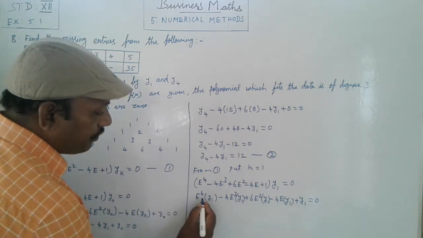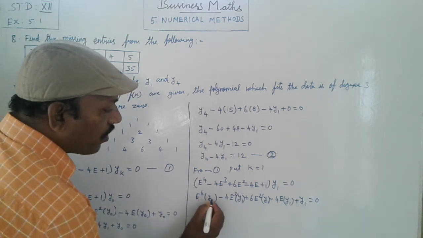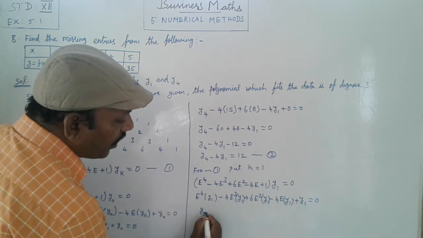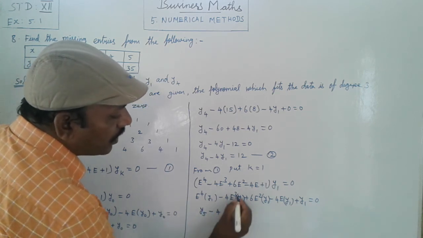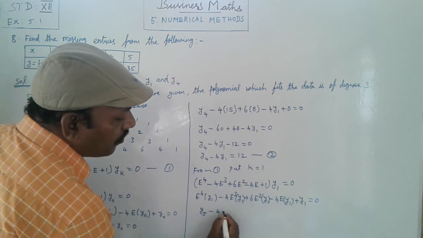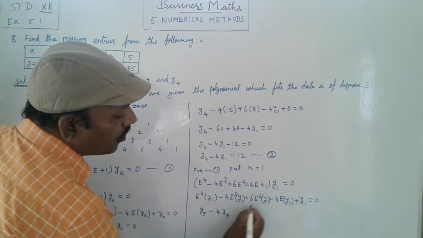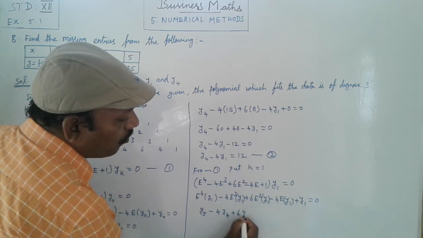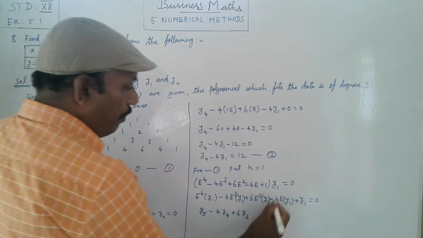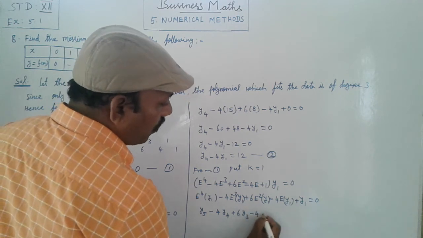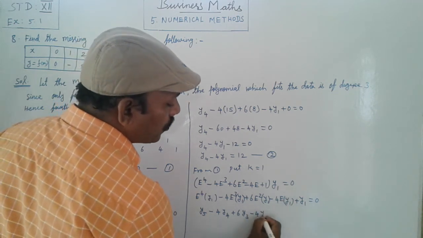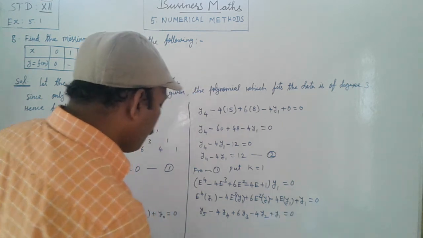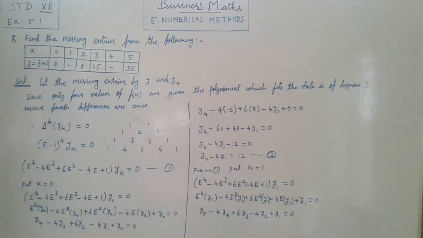Now e power 4 y1 is 4 plus 1, y5. So y5 minus 4 into 3 plus 1 is 4, y4; 4y4, 2 plus 1 is 3, plus 6 y3 minus 4, 1 plus 1 is 2, y2 plus y1 equal to 0. Now substitute this value.